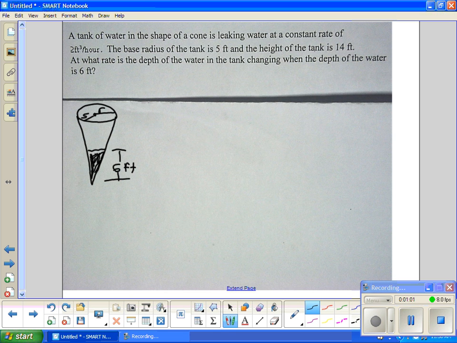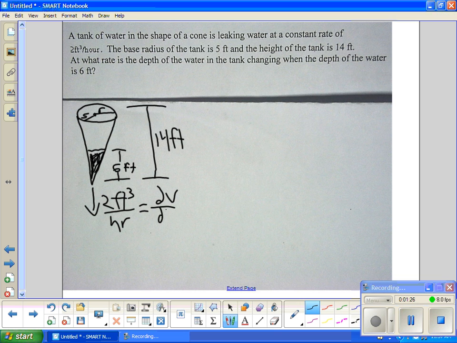And the height overall is 14 feet. Water is coming out of the tank at a constant rate of 2 feet cubed per hour, and that is also equivalent to dV dt.